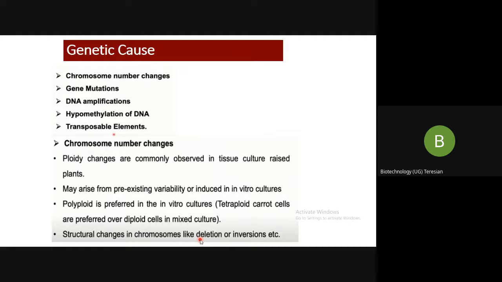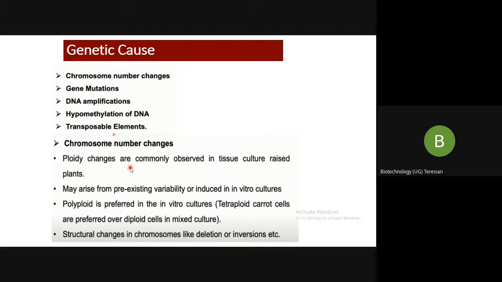Okay, so the chromosomal number change, we will look into this first. So what is happening? The number of chromosomes changes. That is known as ploidy.